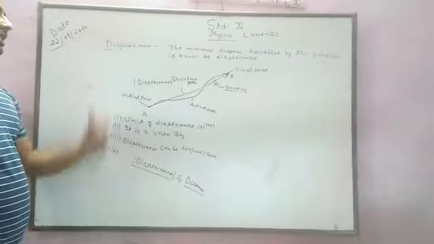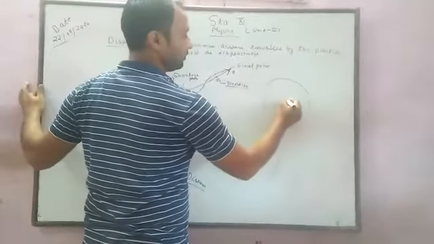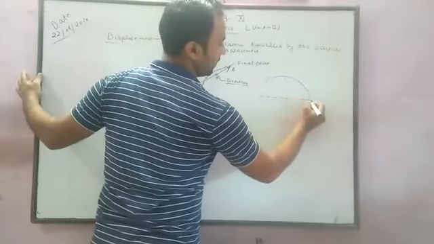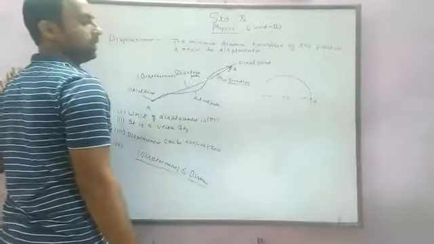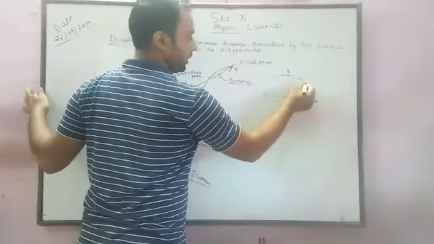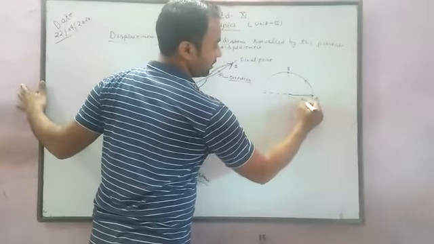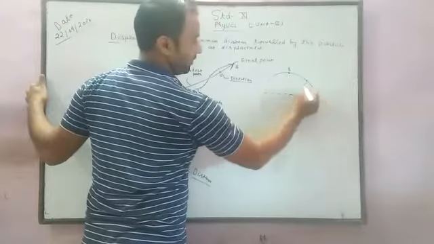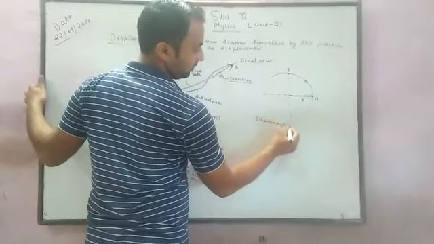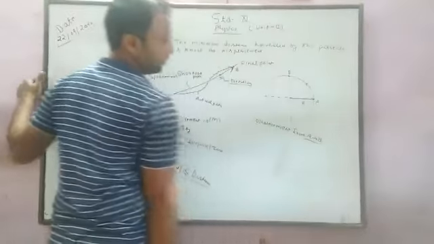How we can define the displacement? If a particle is moving from point A to point B, and the radius of the circle is r, what is the displacement from A to B?